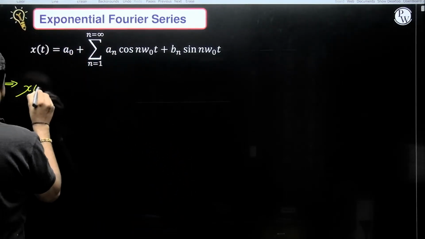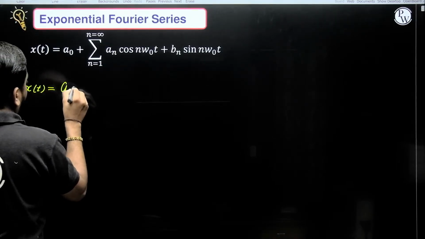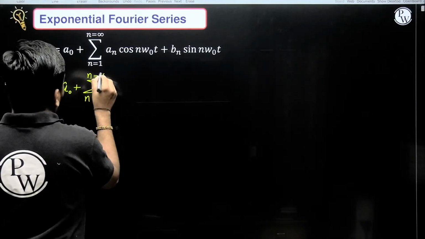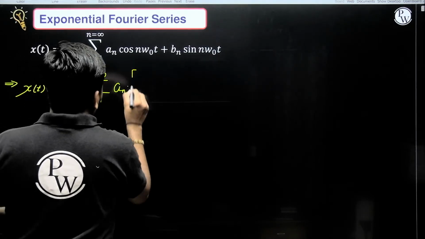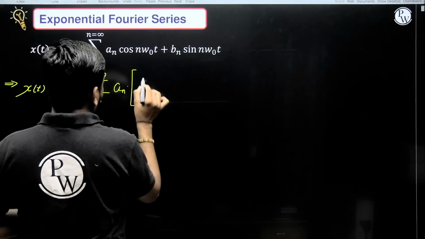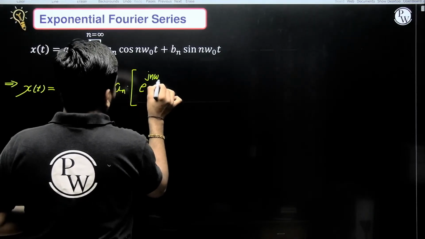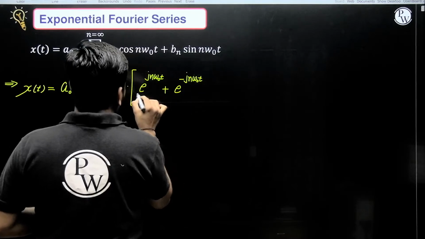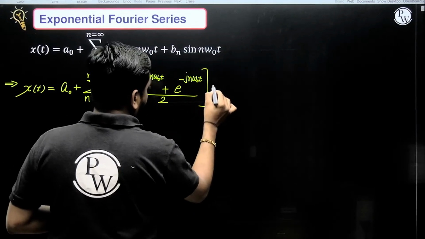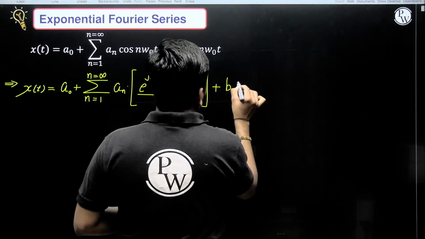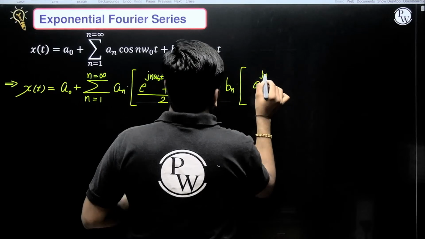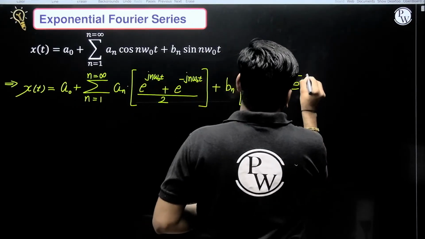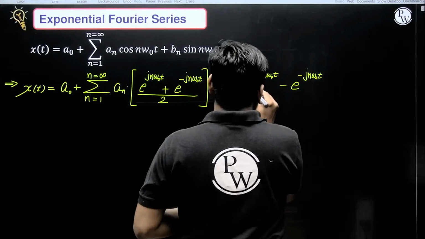So here x of t equals summation n, I am writing cos of n omega 0 t, e power j n omega 0 t plus e power minus j n omega 0 t, divided by 2.